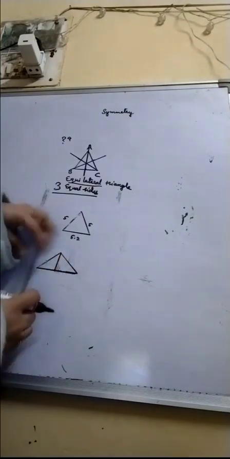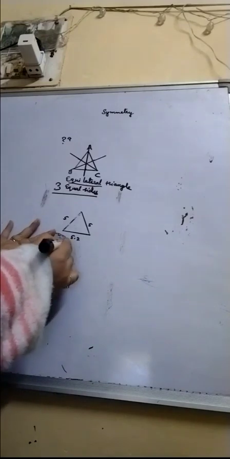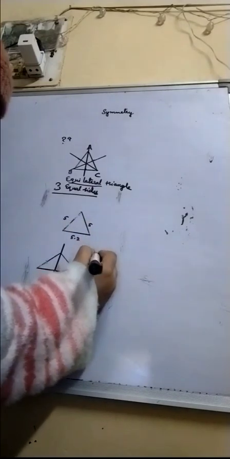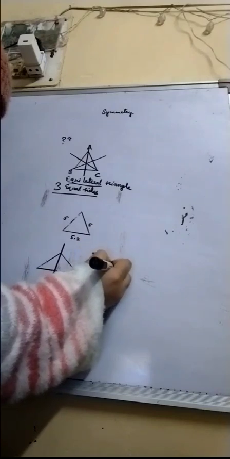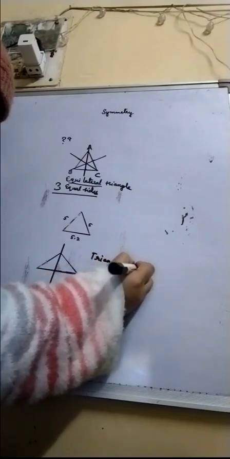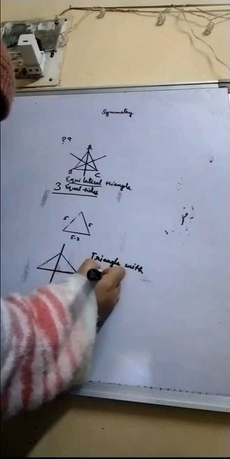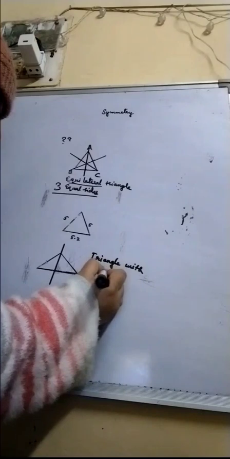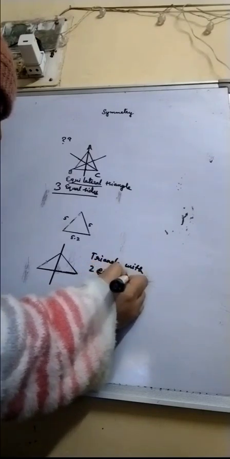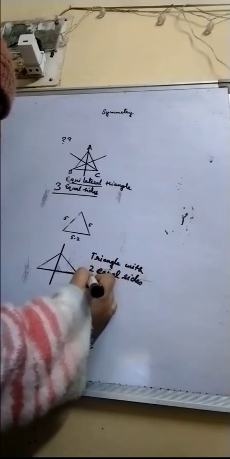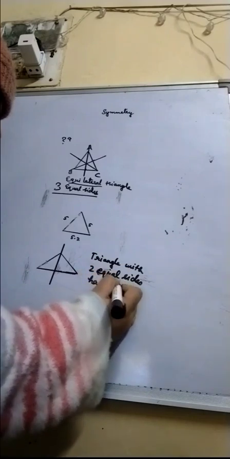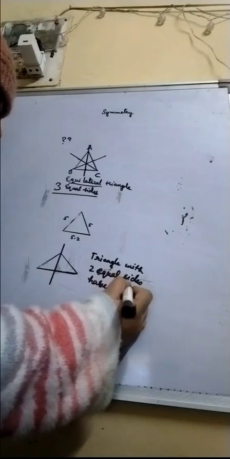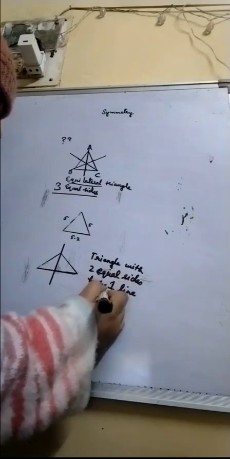And so this type of triangle, you can say that triangle with two equal sides has one line of symmetry.